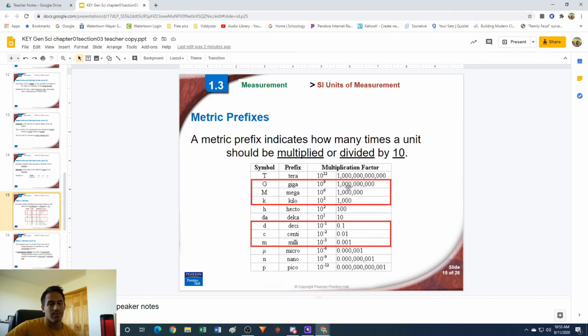And a gigabyte is 1,000,000,000 bytes. Most of the time we just abbreviate gigabytes as gigs, right? Oh, it's 64 gigs or 120 gigs. That means gigabyte. That tells you how many bytes of memory it can hold as computer storage. So even though you maybe don't think about mega and giga, you should know what those mean, seeing as you use them in your everyday language all the time.